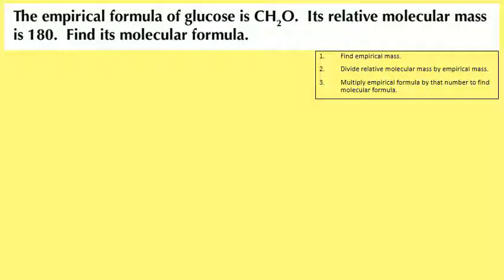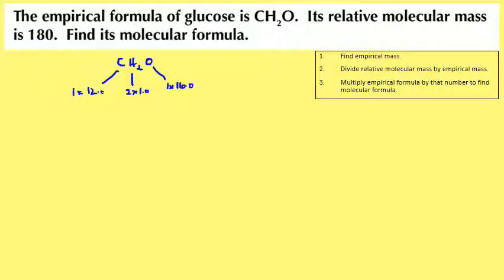To do that, we'll write out our empirical formula, CH2O. Carbon is 1 times 12, hydrogen is 2 times 1, and oxygen is 1 times 16. So 12 plus 2 is 14, plus 16 is 30.